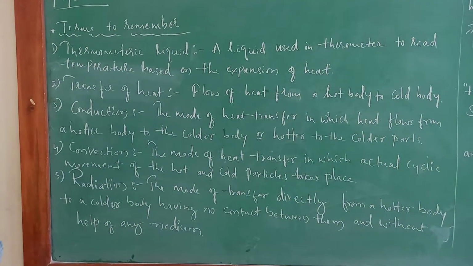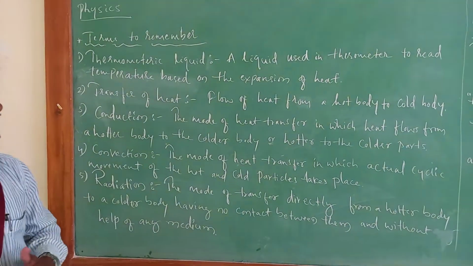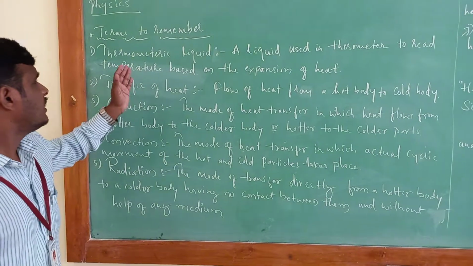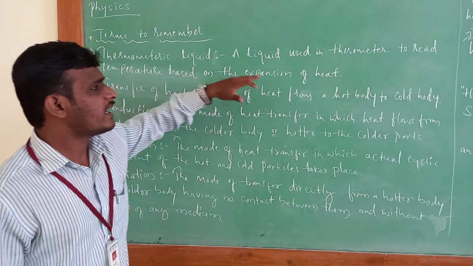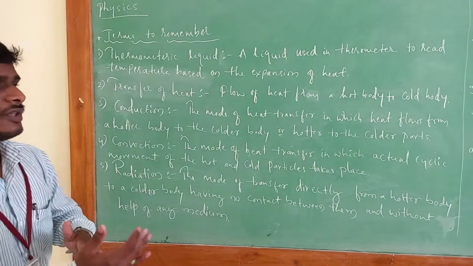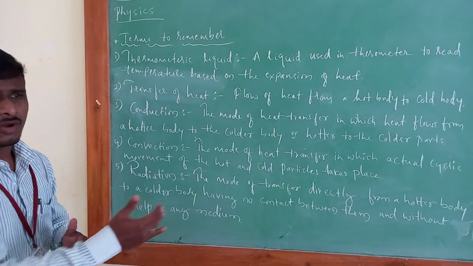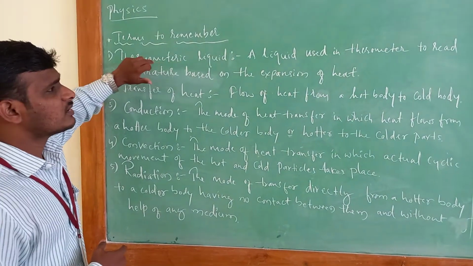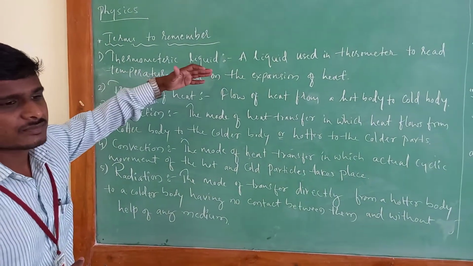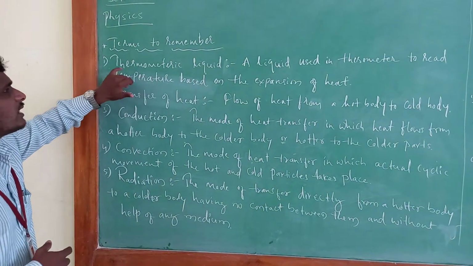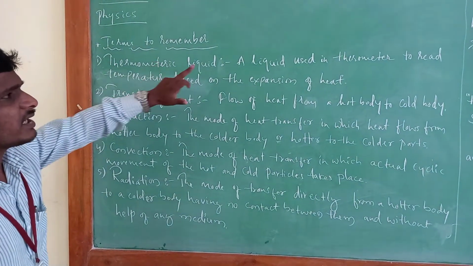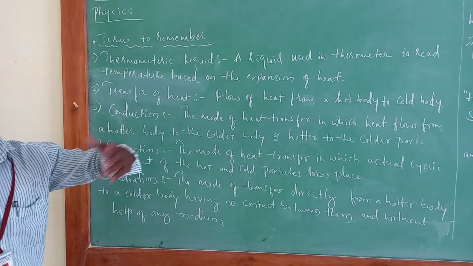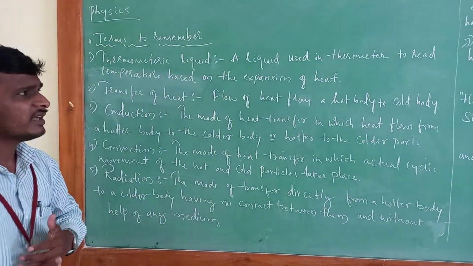It is the liquid used in a thermometer to read the temperature based on the expansion of heat. When you give more heat to any object, it is measured with the help of this liquid. We call that liquid the thermometric liquid. Expansion means increasing with heat.